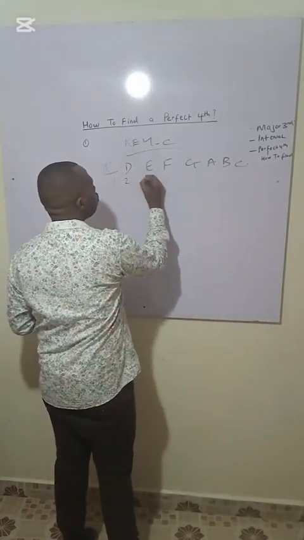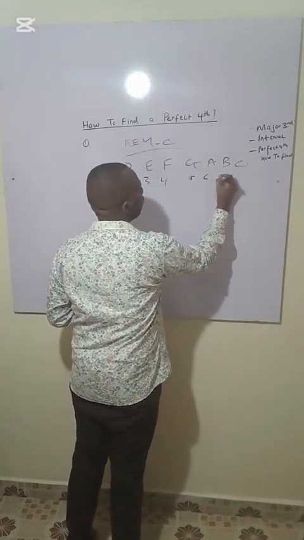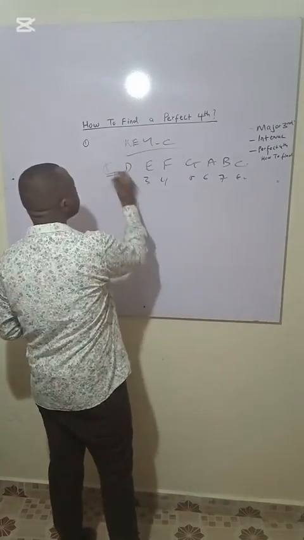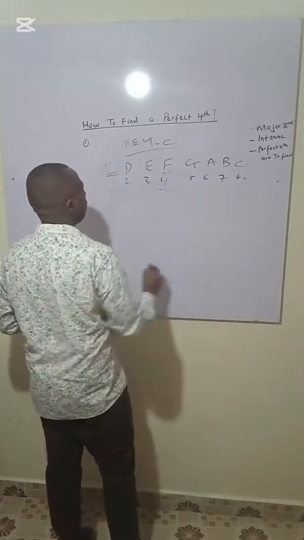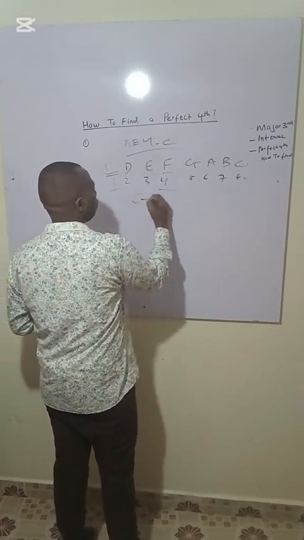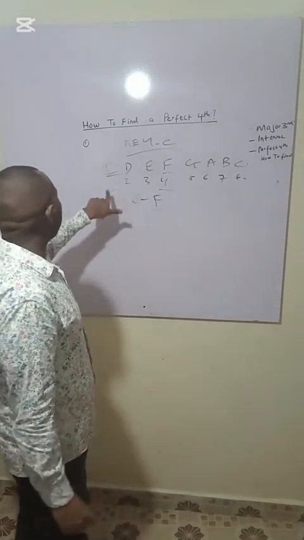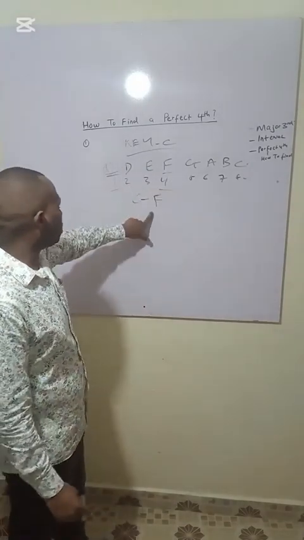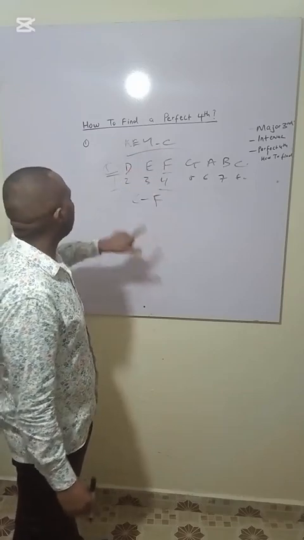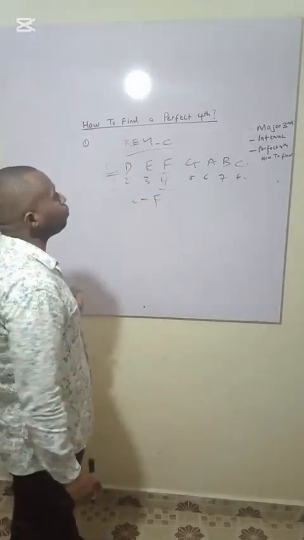So we have 1, 2, 3, 4, 5, 6, 7, then back to the octave. So from C to F, this is a perfect fourth interval. As you can see, a perfect fourth interval takes us to the fourth note of a major scale.